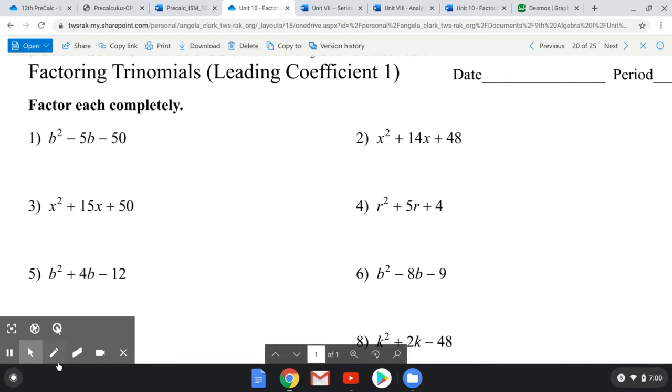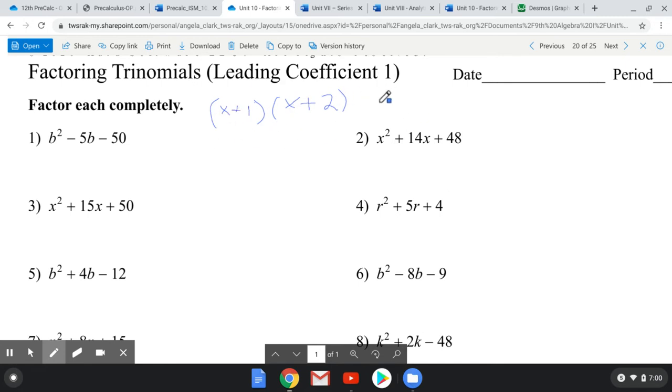So let's look at that. So our answer is going to look like x plus something. So I'm just going to write an example. This is not a solution to any one of these necessarily. I'm just writing an example of what this would look like.